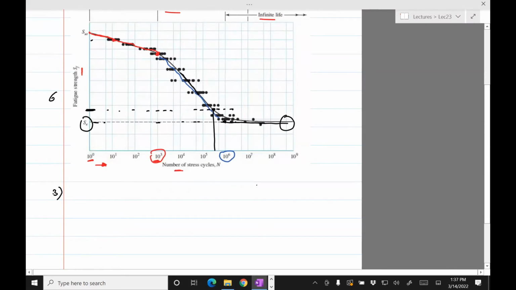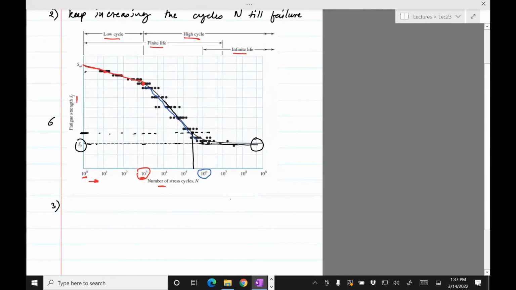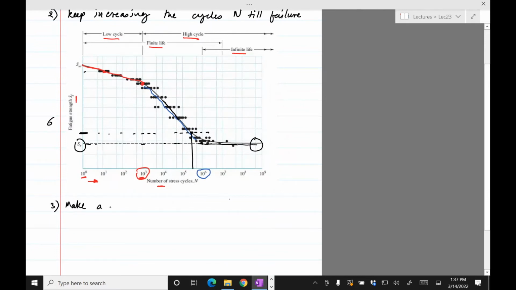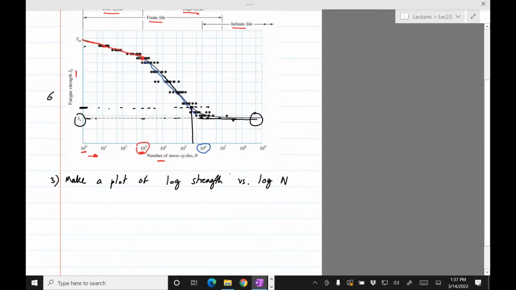So as I said, we keep increasing N and make a plot of log strength versus log N, which is the cycles. And that's what this plot is. It's a log curve, and I was doing a log curve because it looks linear when you do a log curve.